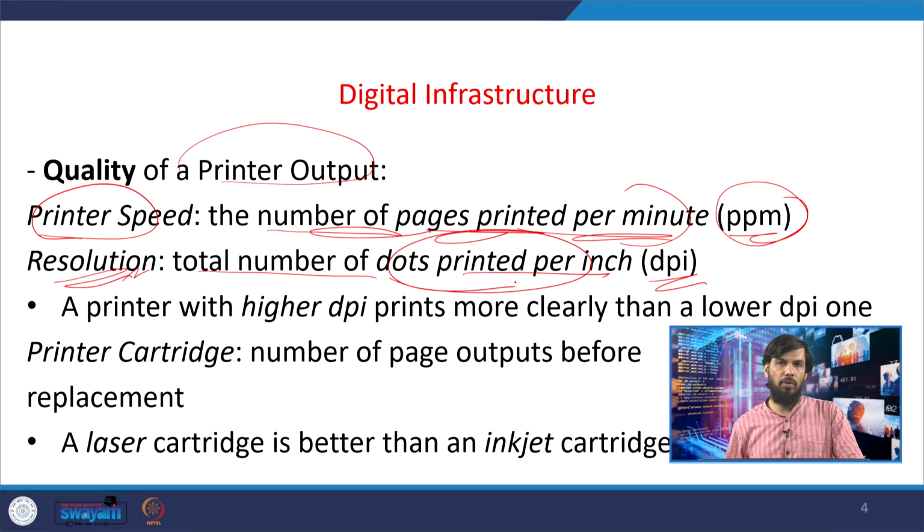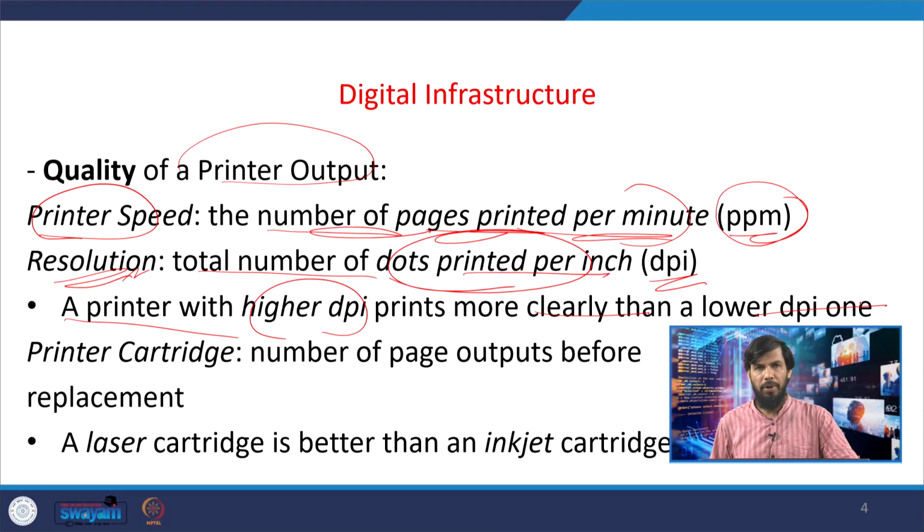So, if you prefer a better quality printout, then you would like to purchase a printer with higher DPI, or if you have those options in your existing printer, you would select a higher DPI setting if you want a better quality printout, right. A printer with higher DPI prints more clearly than a lower DPI one, right.